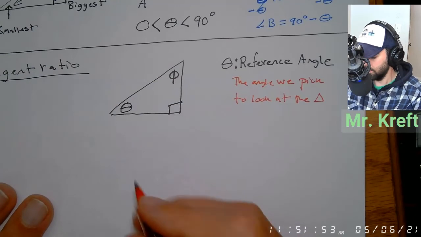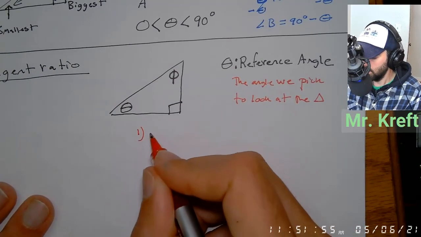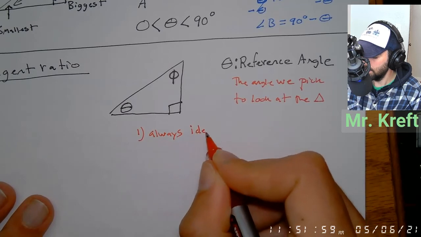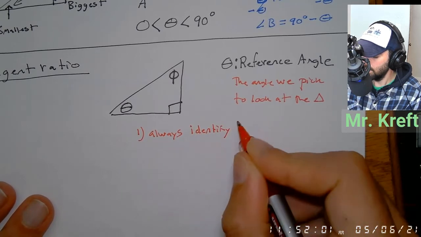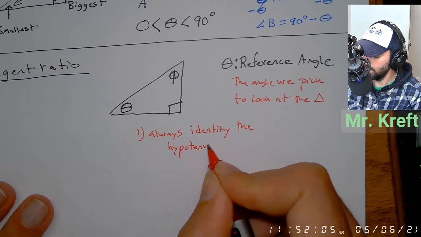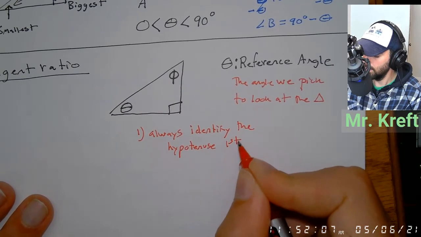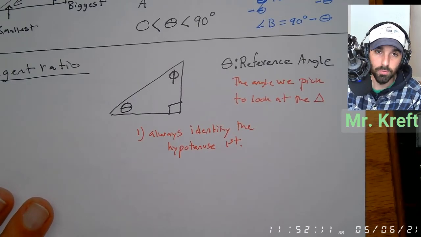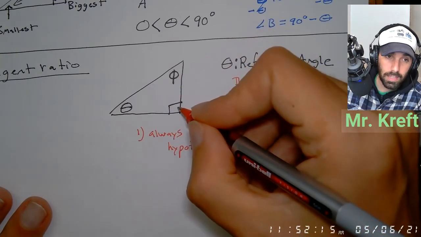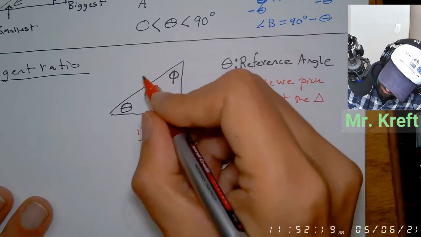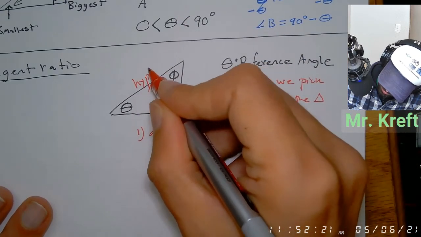Okay, so what we're going to do is just practice labeling this. Now, the first thing, always identify the hypotenuse first. How do we know which side is the hypotenuse? You find the 90-degree angle, and the side opposite is your hypotenuse.